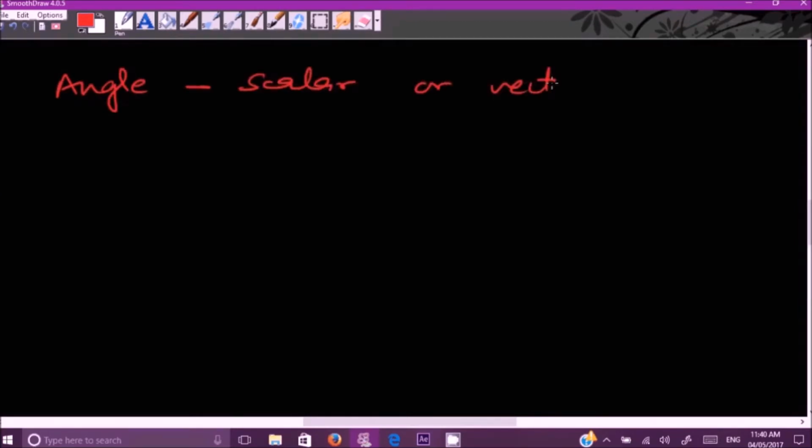Now my question to you is, is an angle theta a vector or a scalar? It could be either, depending on the situation where it is used. Suppose your angle represents the total rotation.